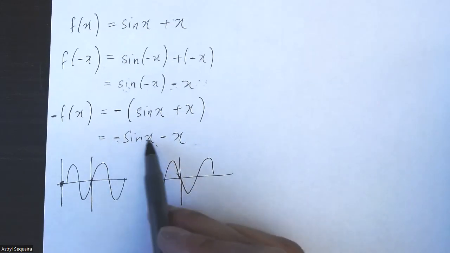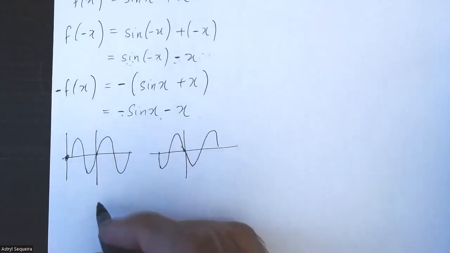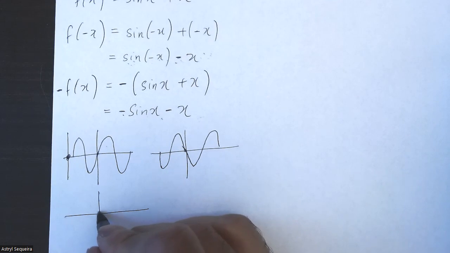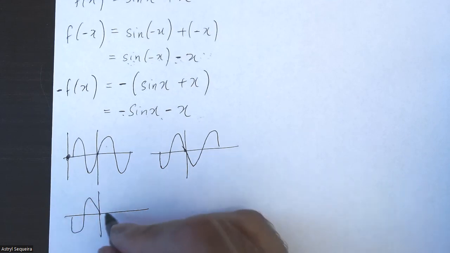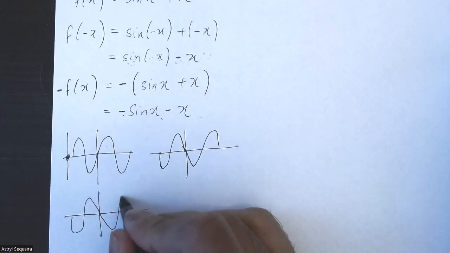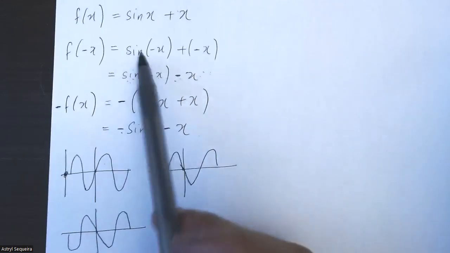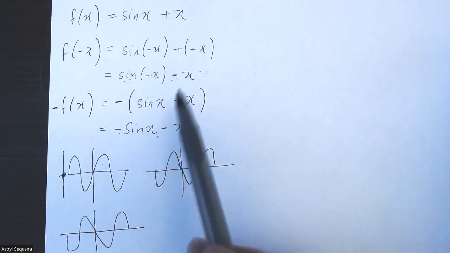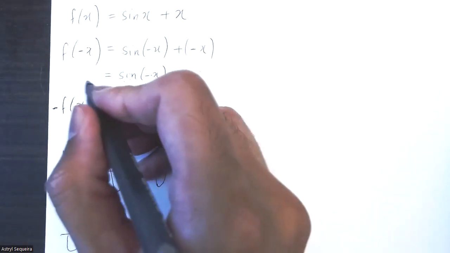And negative sine of x, what does negative sine of x look like? Negative sine of x is a reflection in the x-axis, which is also going to look like this. So technically, sine of negative x is the exact same as negative sine of x. And if you want, you could rewrite this equation over here.